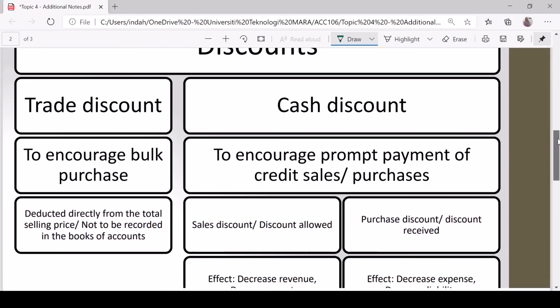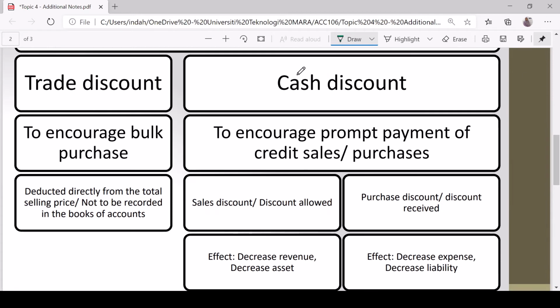So when we make a bulk purchase and then when we make the payment, we are not going to pay the full amount of the purchase. We are going to pay only the net amount, after they deduct the trade discount. For example, if I purchase 1 pen, I have to pay 1 ringgit.